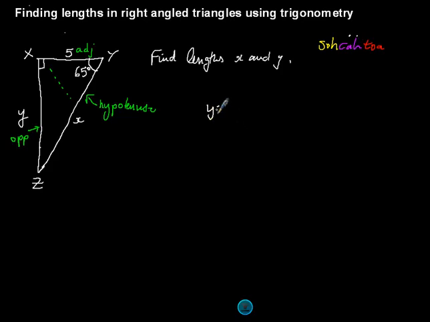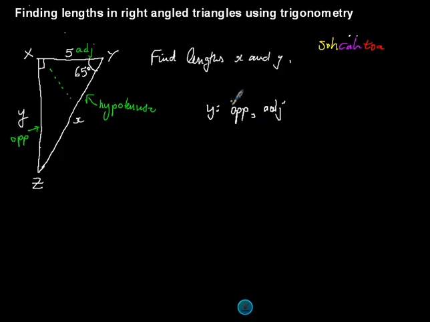So if I write this down, let's see what's involved with the length y. Well, I know that y is the opposite of my angle of 65 degrees. And as before, I know the adjacent. That was given in the problem. The adjacent is 5.